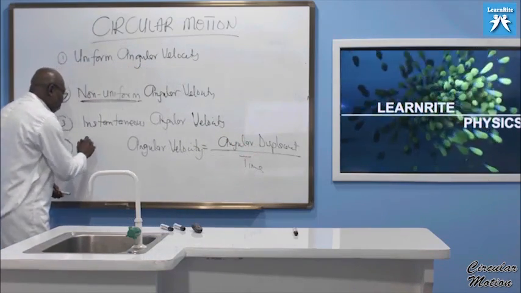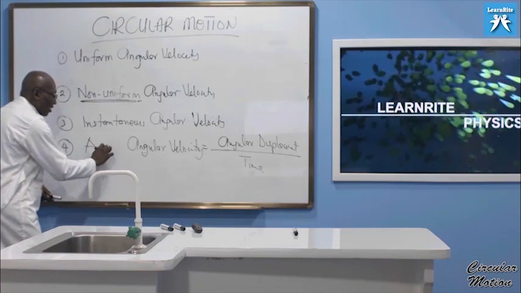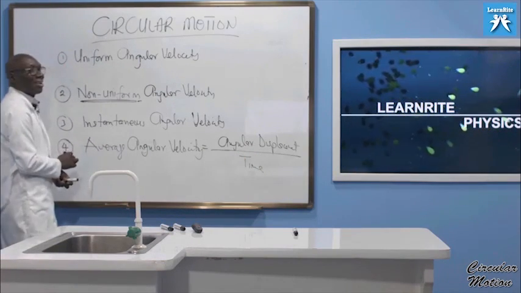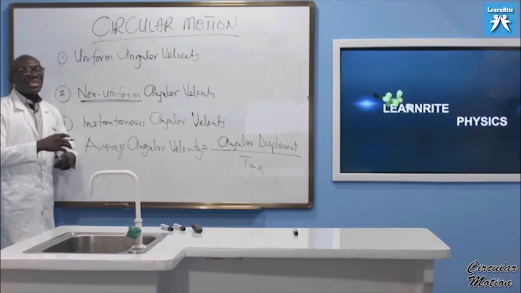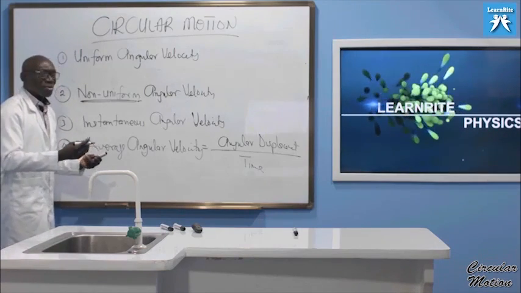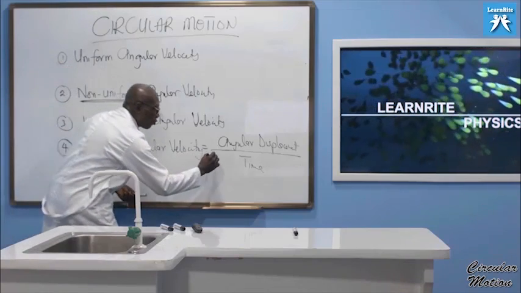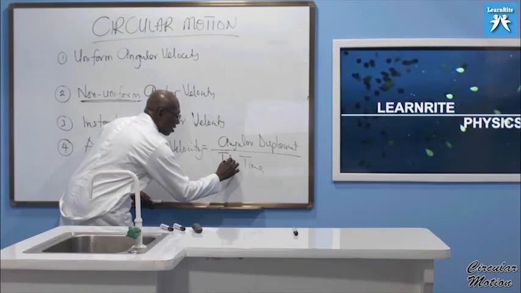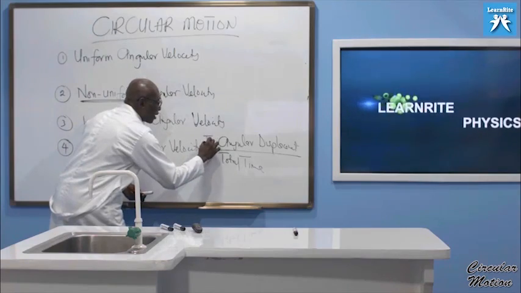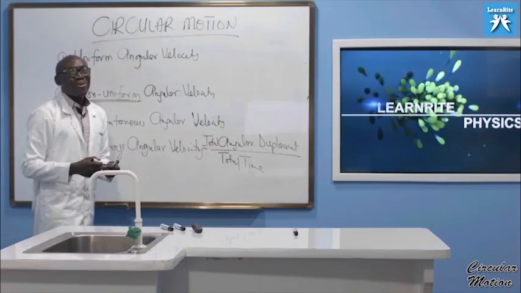The moment I put average here, as I said, we are talking about total. And therefore, I'm going to put total down here, and I'll put total at the top here. And that is all.